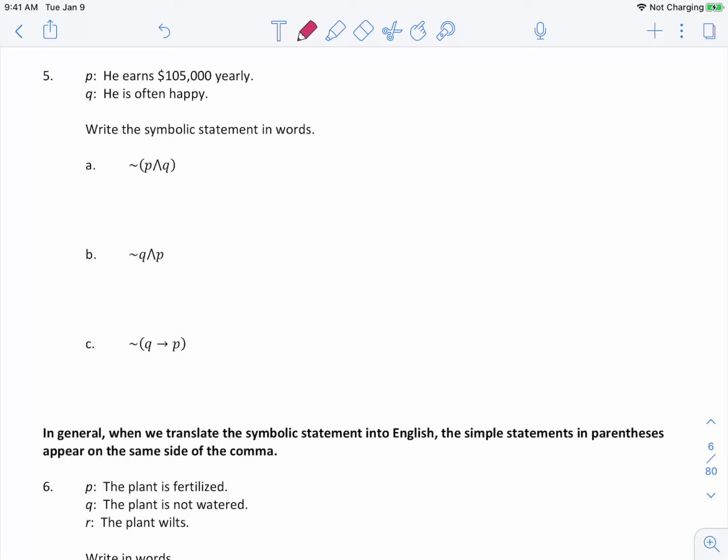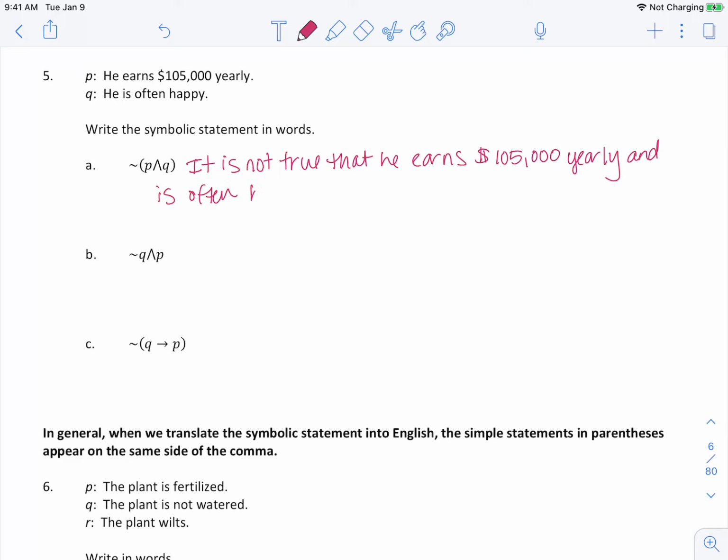Okay, for A, we have the negation in front of P and Q. So this one we would say, it is not true that he earns $105,000 yearly and is often happy.